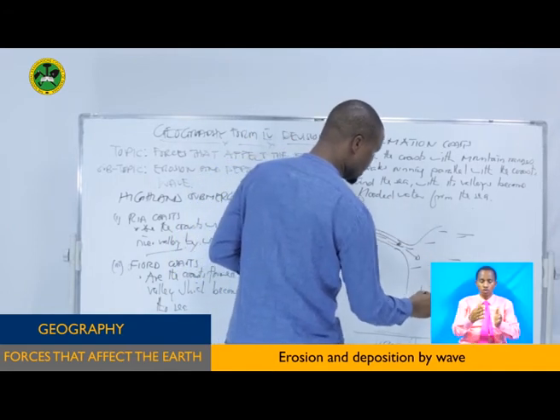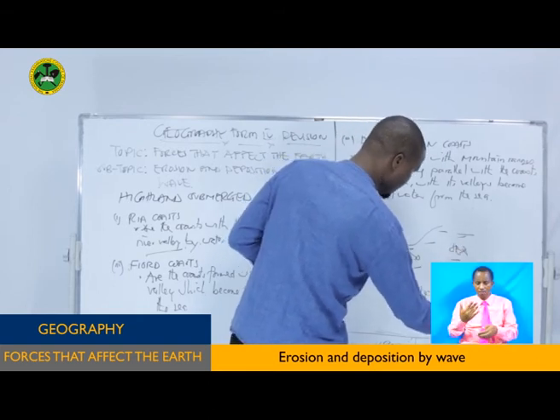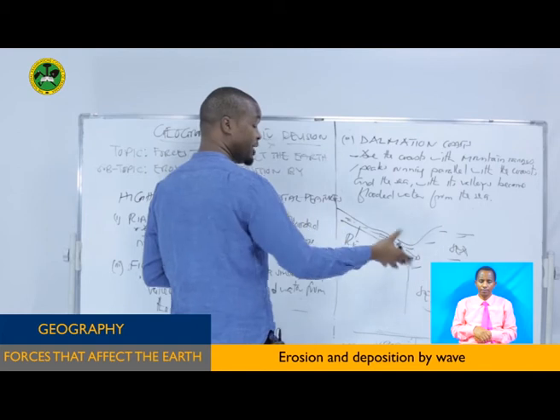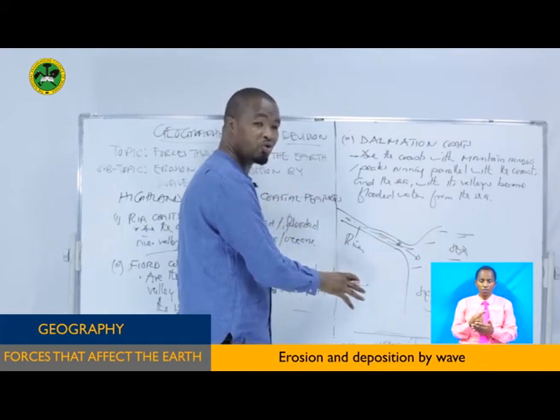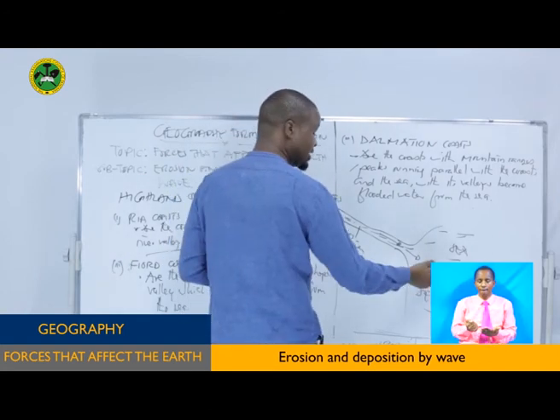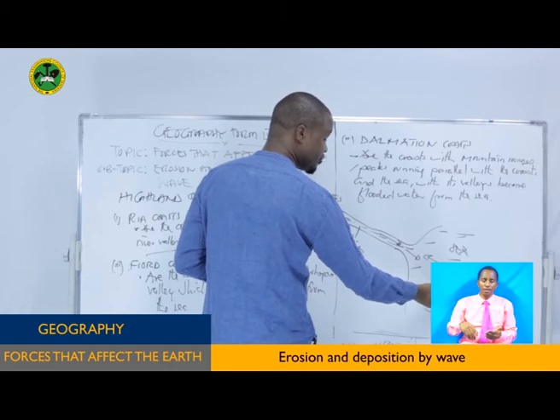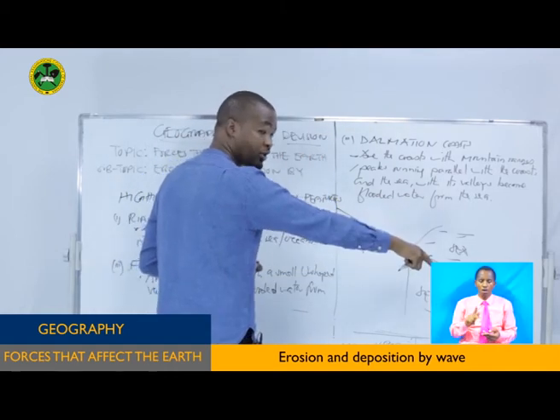But because this is the sea, let me explain to you very well. It means this is a sea. The submerged coasts are the coasts formed when there is either rising sea level or falling land. So what happened? Let's assume there is a rise in sea level. It means the rising sea level will allow the movement of water from the sea into the coast, where we have the river valley entering water into the sea.